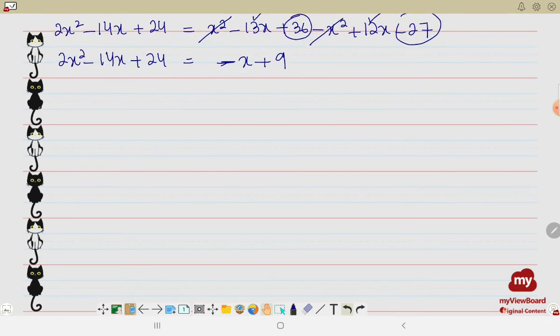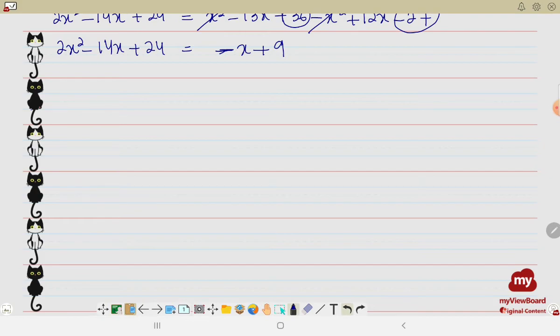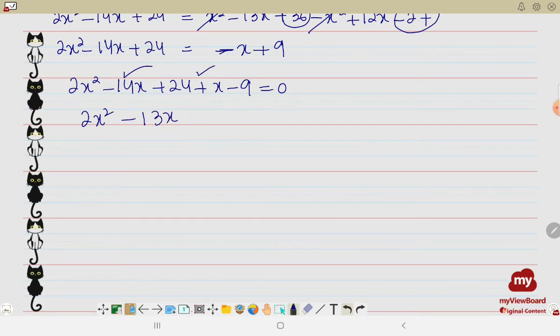We'll take all the terms to the left hand side. So here it will become 2x square minus 14x plus 24 plus x minus 9 equals 0, right? So it will become 2x square, these two are like terms, it will become minus 13x, and when you add 24 and minus 9, it will become plus 15 equals 0.